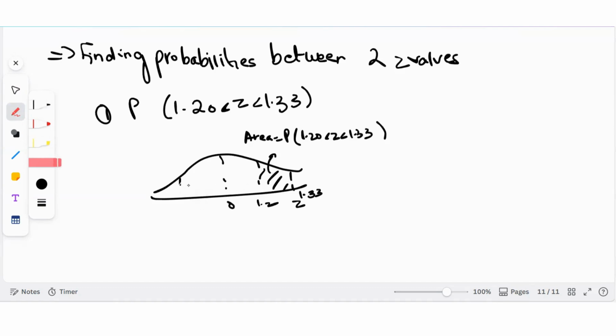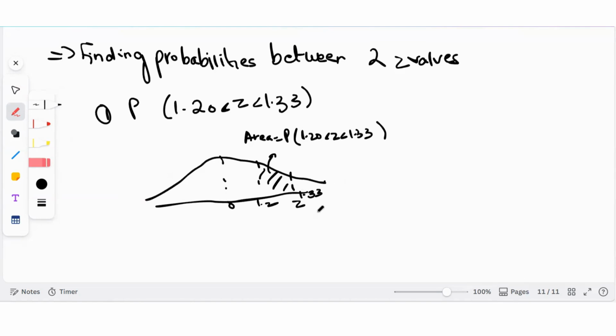If you notice, we can find this area as the probability Z is less than or equal to 1.3 minus the probability Z is less than 1.2, right? From the probability Z is less than or equal to 1.3, we're subtracting the probability Z is less than 1.2 to get this area that lies between them. So this can be written as the probability Z less than 1.3 minus the probability Z less than 1.2.